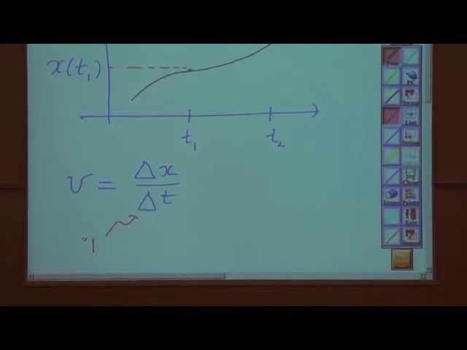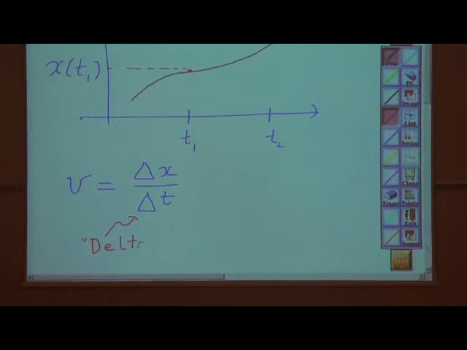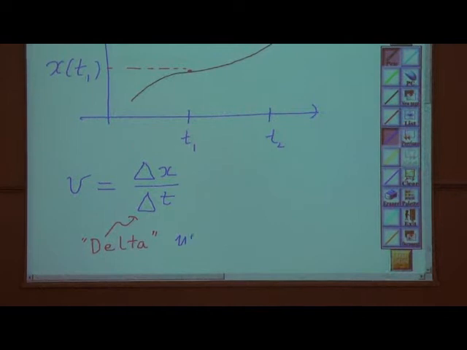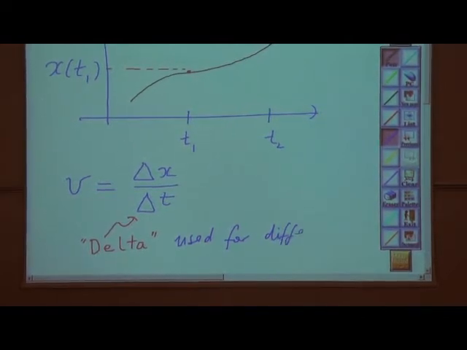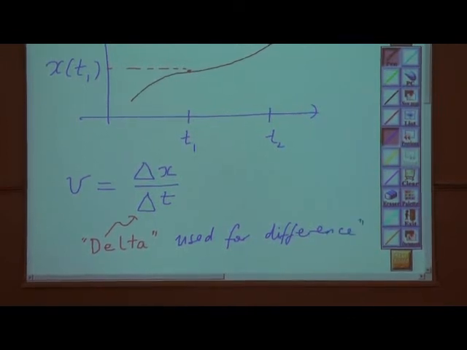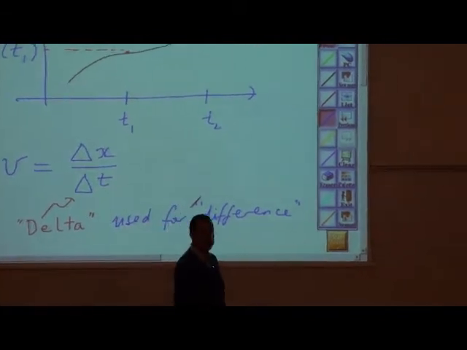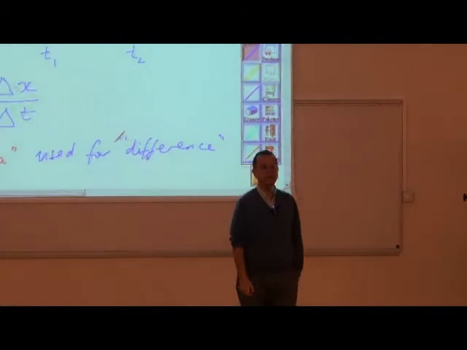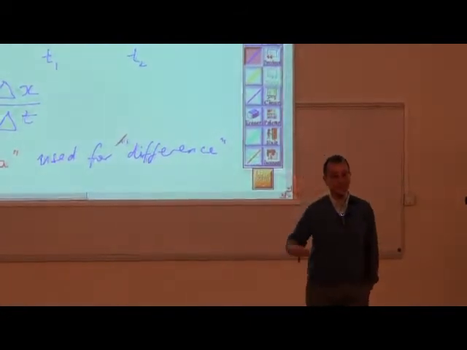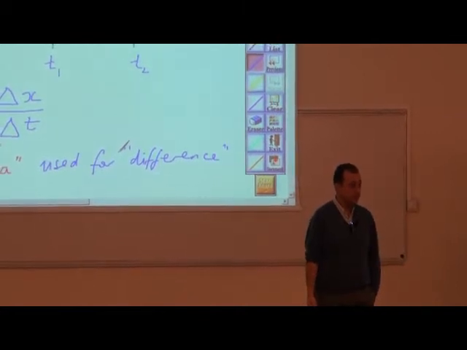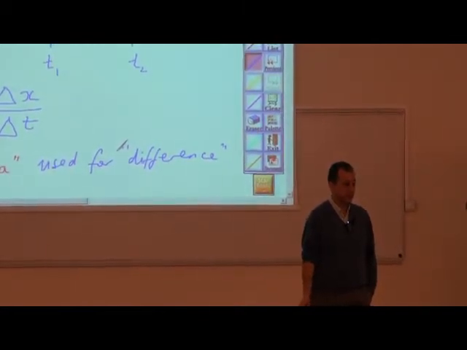This is the Greek letter delta, used to mean difference, the change in something. Okay? So the difference in the particle's position divided by the difference in time, the time interval, of course, gives me a velocity.